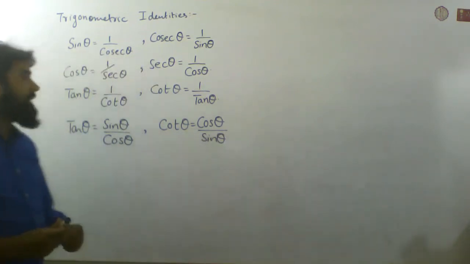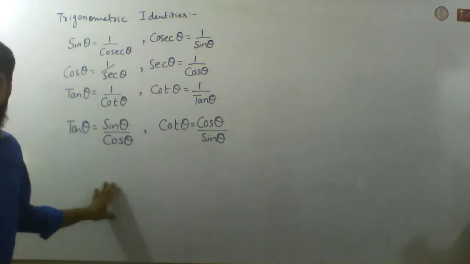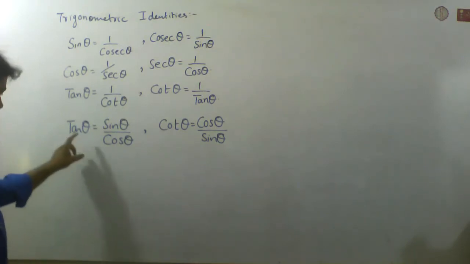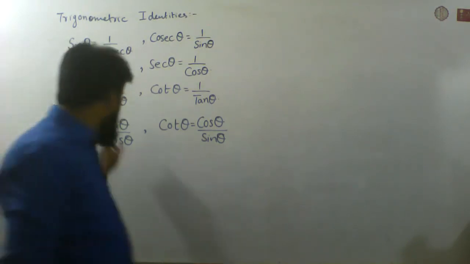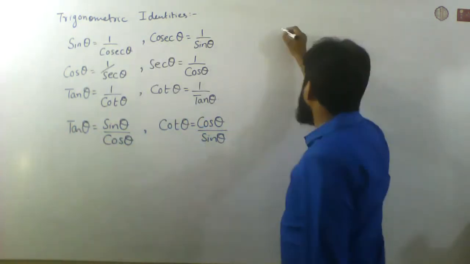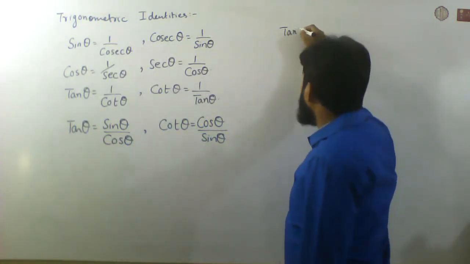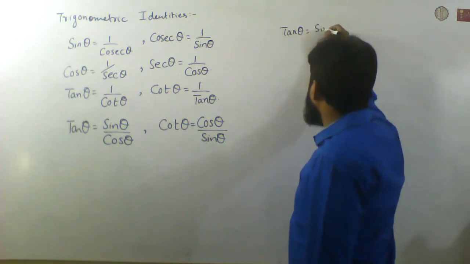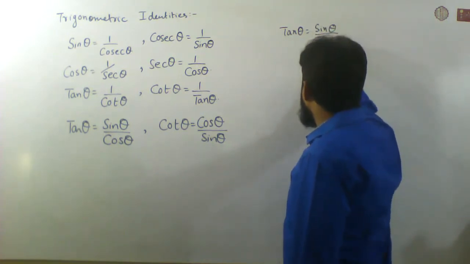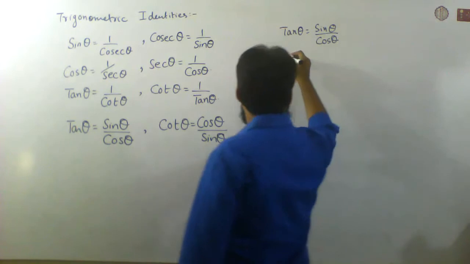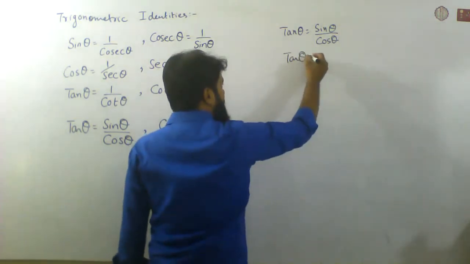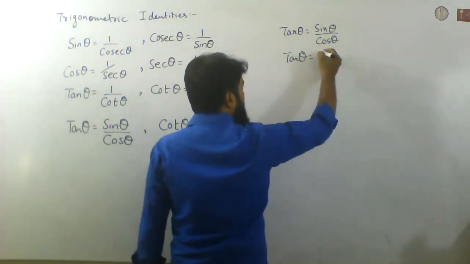How can I say that these things are equal to this one? So let me explain this one. Tangent theta equals sine theta over cos theta.